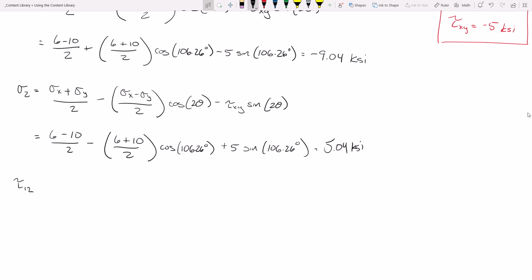Okay. Now this one I'm almost positive I got right. So this one's negative sigma x minus sigma y over 2. This one's a little different. So this is sine 2 theta plus tau xy cosine 2 theta.